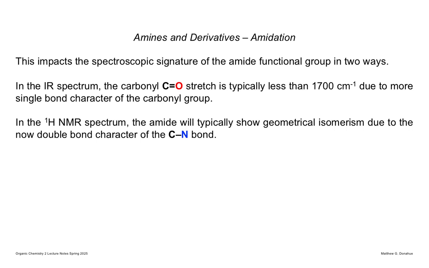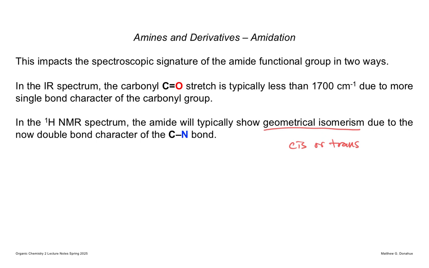A consequence of that: you have your neutral looking amide, then you have this resonance hybrid. Because you have this double bond between carbon and nitrogen now, you can get the same thing you have with alkenes, so this geometrical isomerism, cis or trans, and that will affect how the NMR looks.